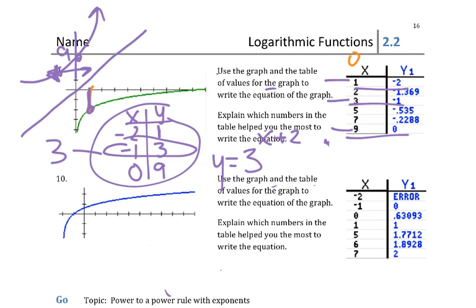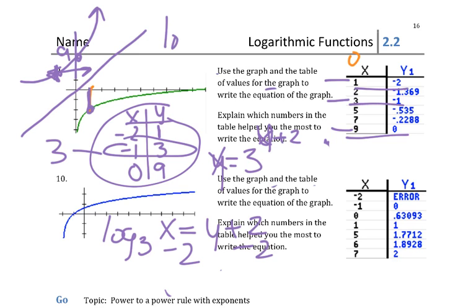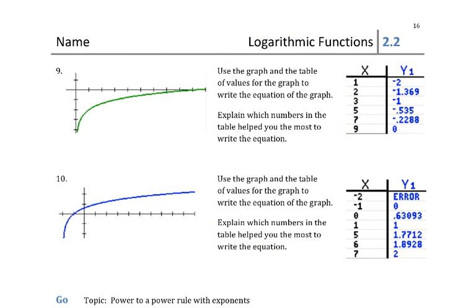Now, if we're switching this around to logarithmic, we make that y, we make that x, then we go log base 3 of x equals y plus 2, then we subtract the 2, so we get log base 3 of x minus 2, which when we type that in to Desmos, that would give us that equation. You can double check it. Okay, so we kind of got to think there, didn't we? Let's take a look at 10.